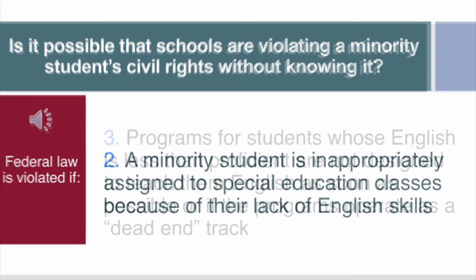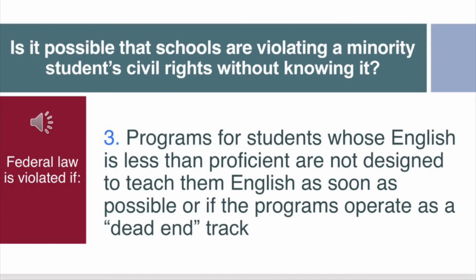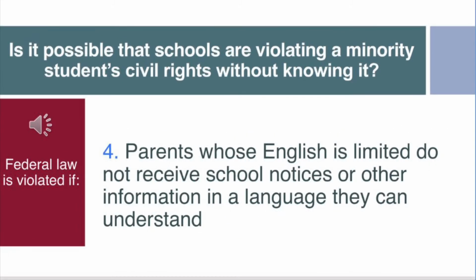Number three, federal law is violated when programs for students whose English is less than proficient are not designed to teach them English as soon as possible, or if the programs operate as a dead-end track. And number four, federal law is also violated when parents whose English is limited do not receive school notices or other information in a language they can understand.